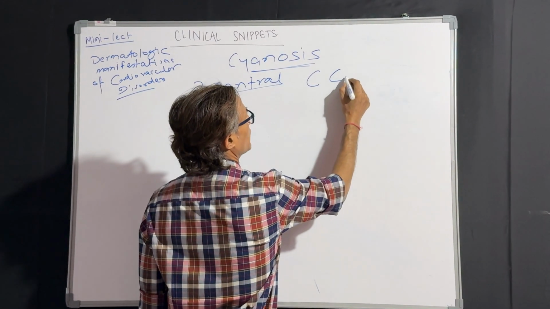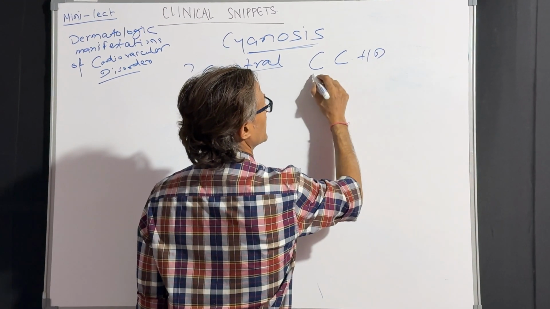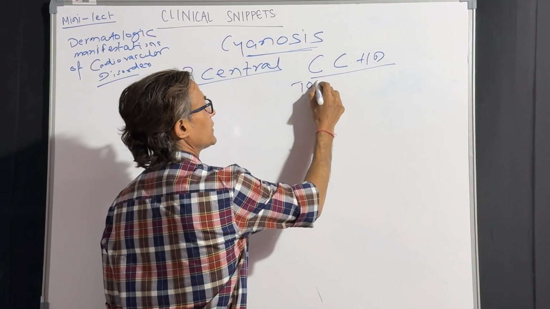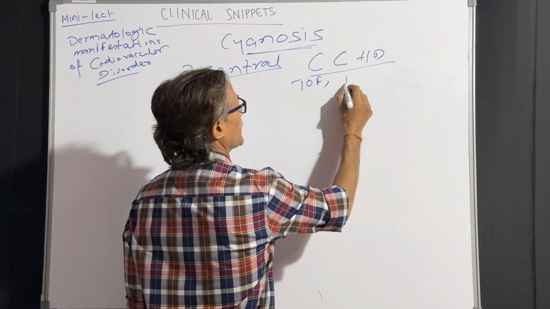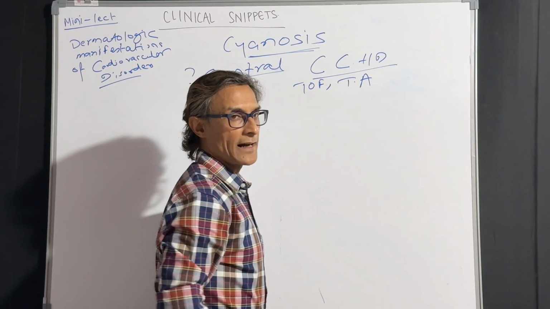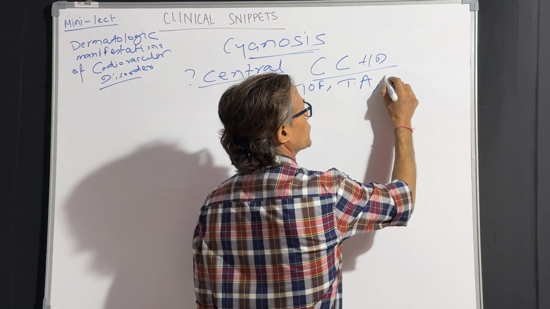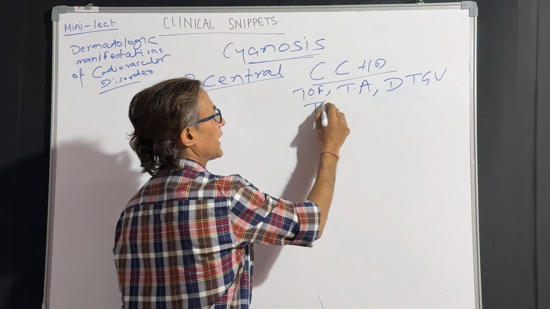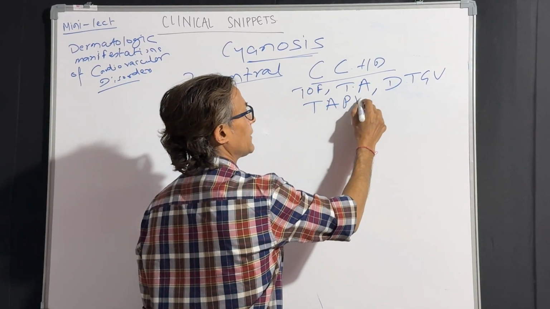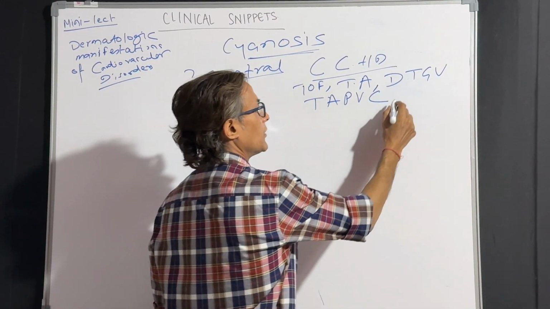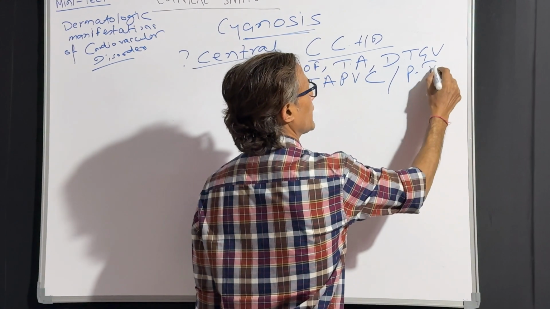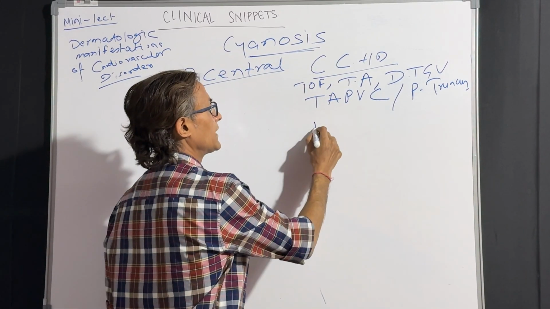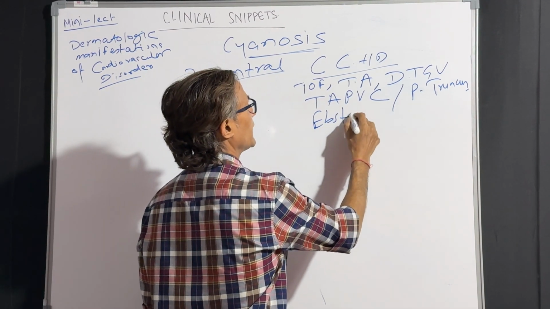Congenital cyanotic heart diseases. First we will think of TOF, tetralogy of Fallot, tricuspid atresia, dextrotransposition of great vessels, total anomalous pulmonary venous connection, persistent truncus, Epstein's anomaly.